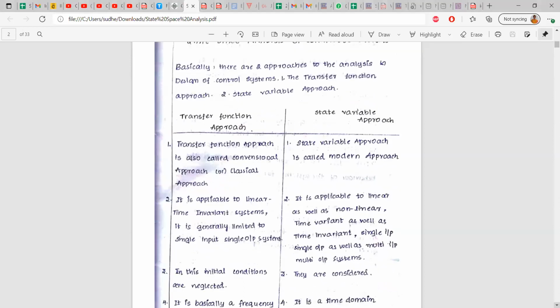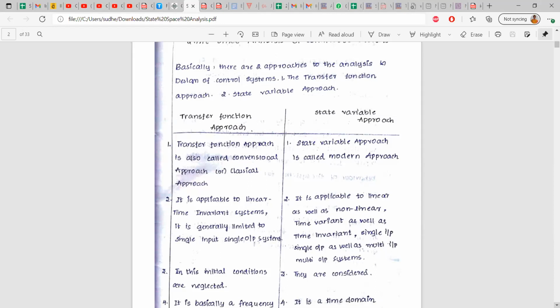And one more thing, in the definition of transfer function, we have one condition, right? We have to neglect the initial values. What is the definition of transfer function? It is the ratio of Laplace transform of output to Laplace transform of input under zero initial conditions.